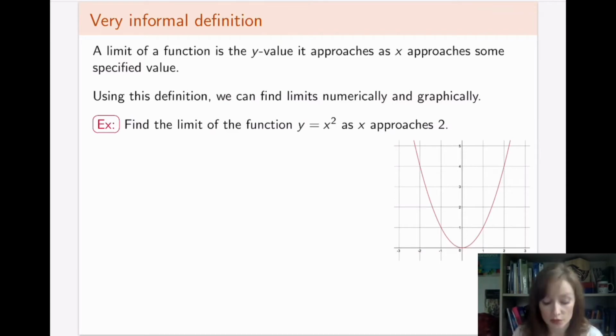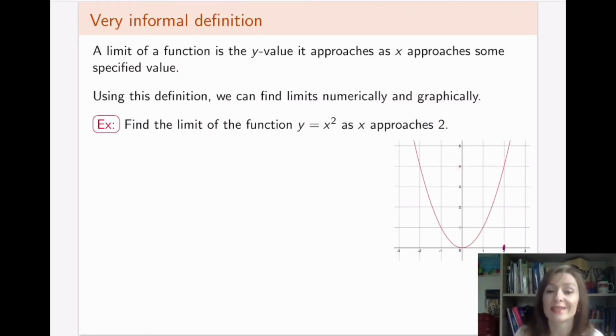Let's take a look at our very first example here. Find the limit of the function y equals x squared as x approaches 2. So we're given the value that x will approach, it's 2. Let's mark it here on the graph, for example. So this is the value of x that I'm going to try to stay close to. Finding the limit means I have to find, as x is around 2 or as close to 2 as possible, what does the corresponding y value on the graph approach?